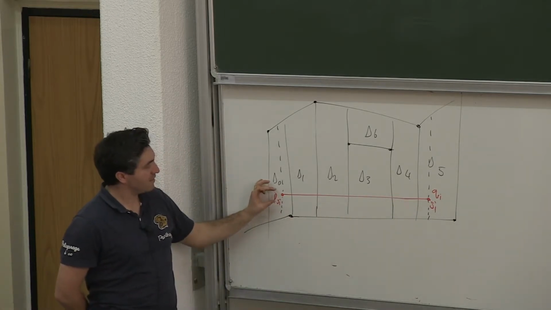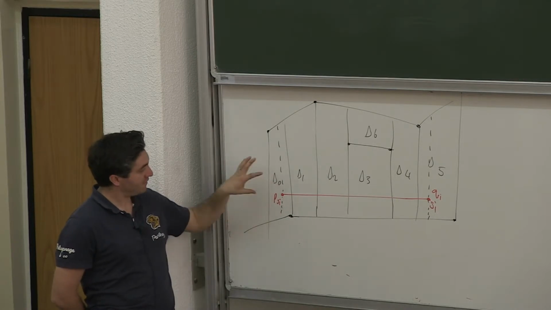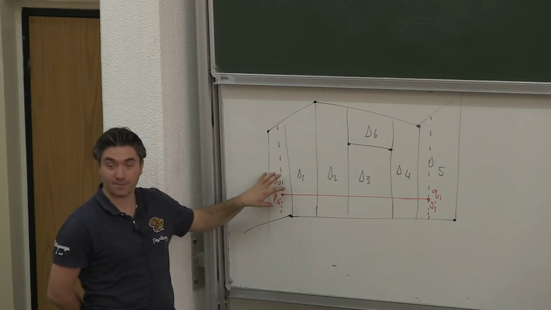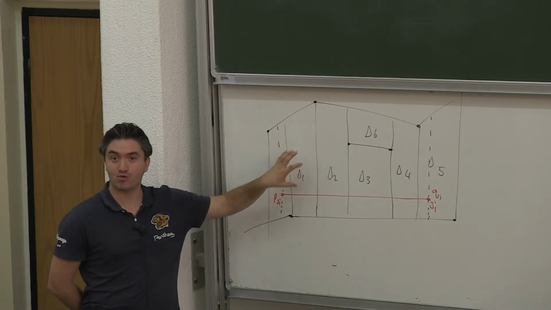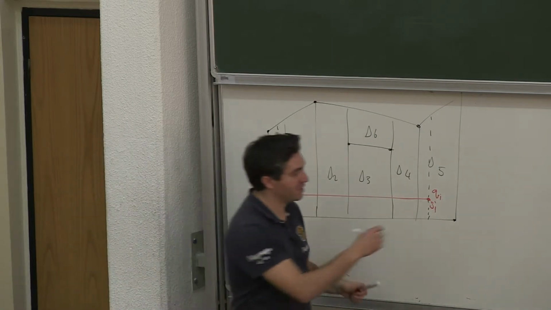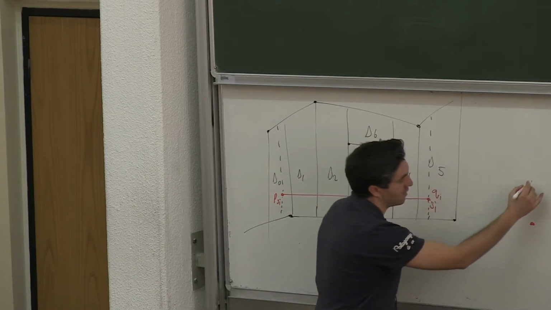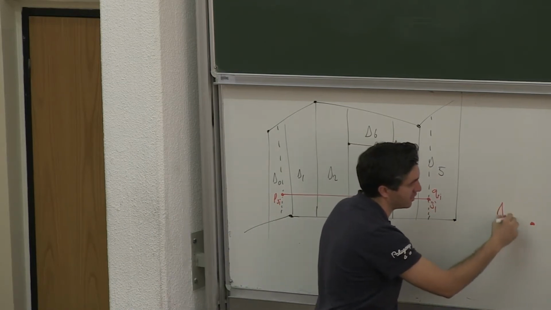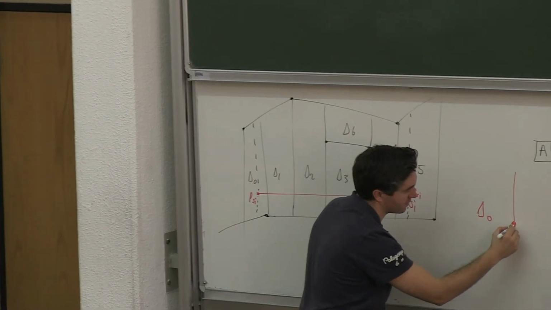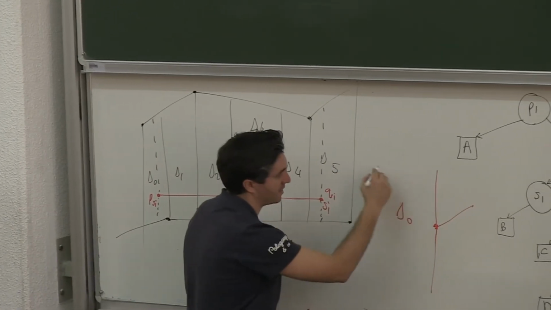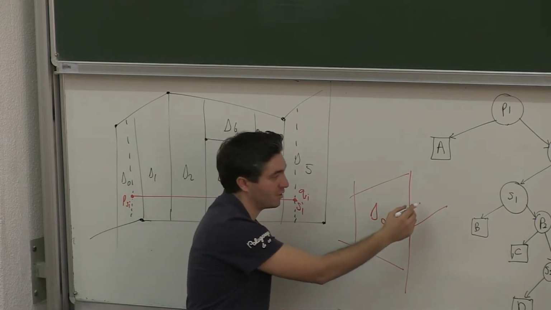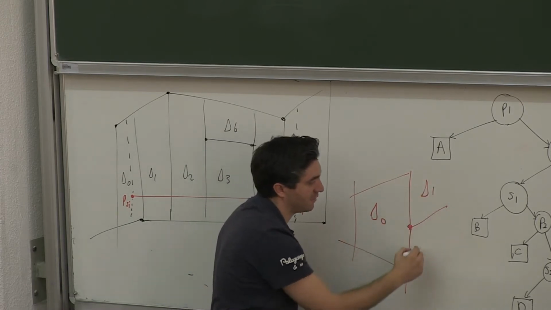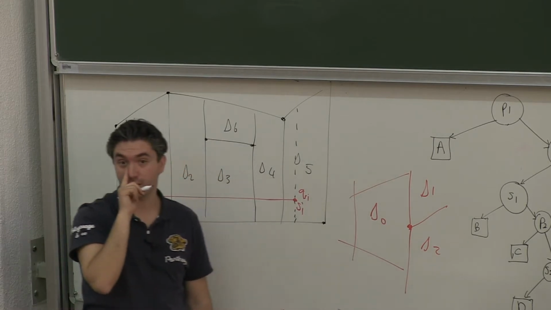The good thing here is that after we have delta 0, it has at most two right neighbors. Imagine this case. This is delta 0. It may possibly have two right neighbors, so this is delta 1, delta 2, for example.